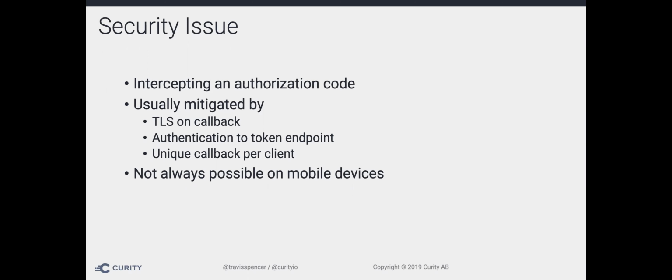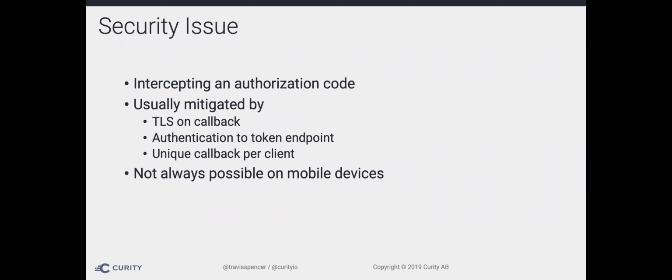And usually there's a lot of mitigations against the interception of this code. For example, the callback URI that the user agent is redirected to is usually over TLS. So when redirecting back to the OAuth client, you'll usually go to an HTTPS URL and that GET request will be done over a secure channel.